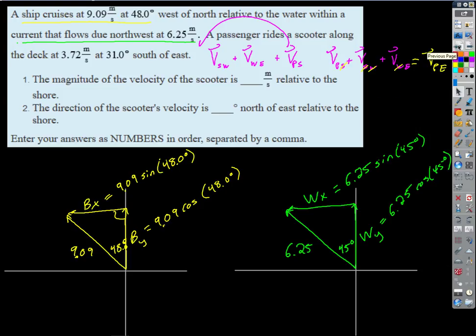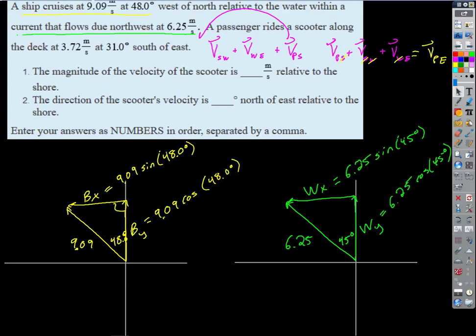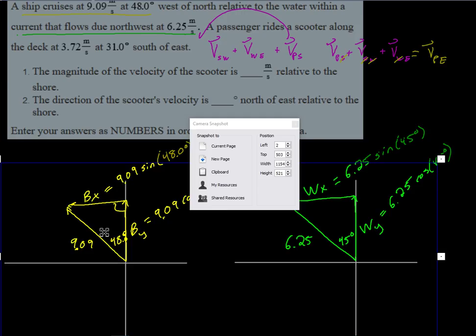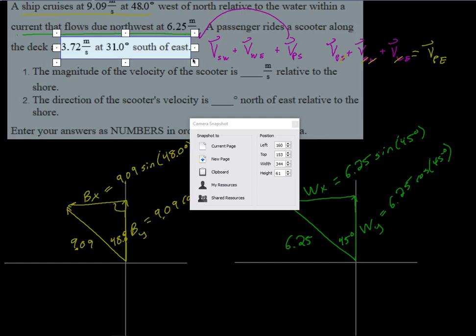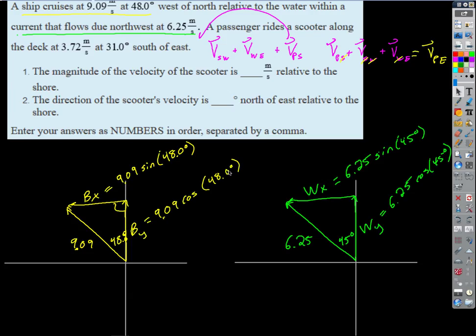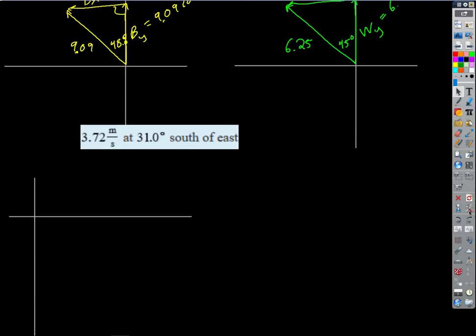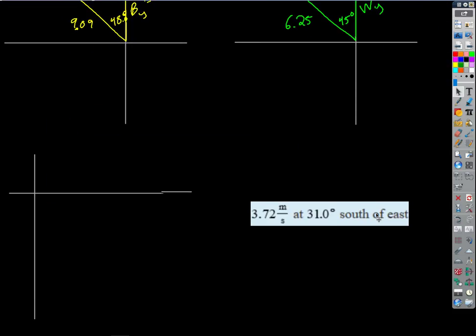So let's scoot back over here, and now we've got the scooter. So it's traveling 3.72 meters per second at 31 degrees south of east. So what does that look like? So that's this guy.